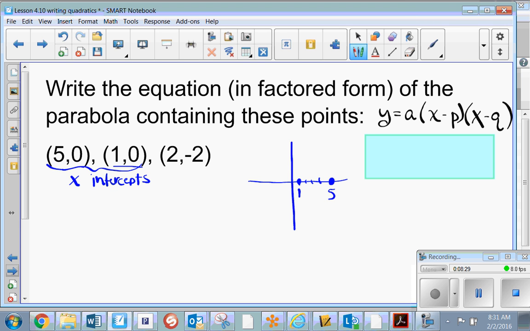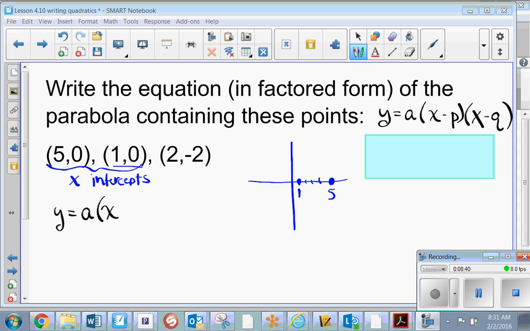Hey, that is a lot of x's and p's. So far, I've got y equals a times x minus 1 and x minus 5.